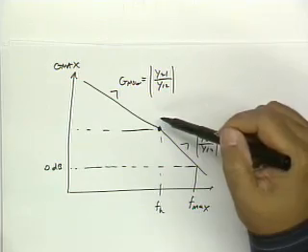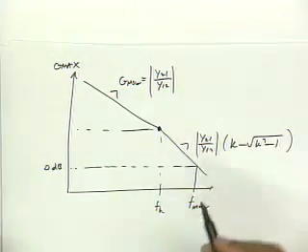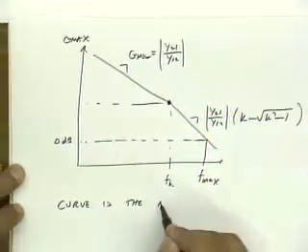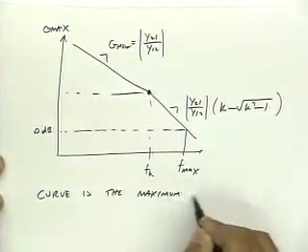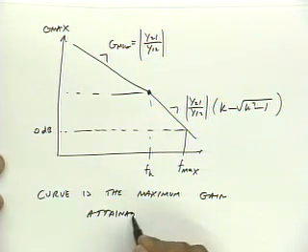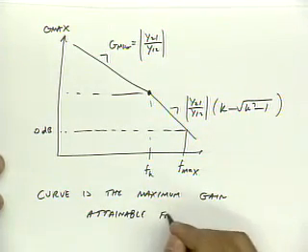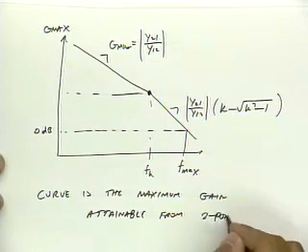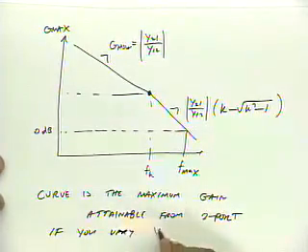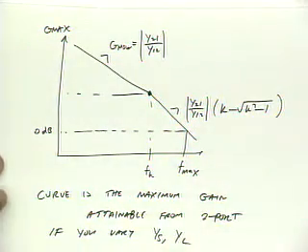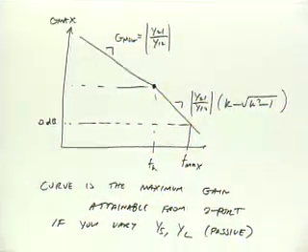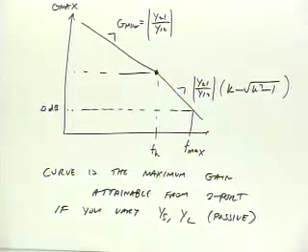Okay? So this curve is the maximum gain attainable from a two-port if you simply vary Ys and Yl. And of course they're passive. Okay?